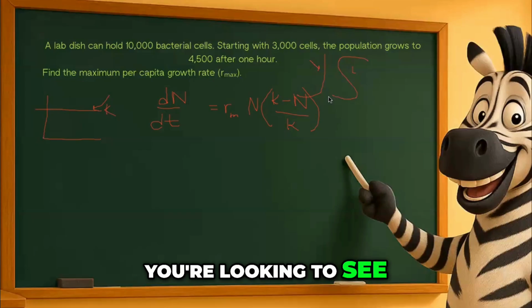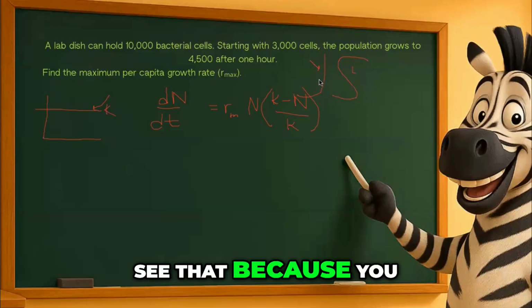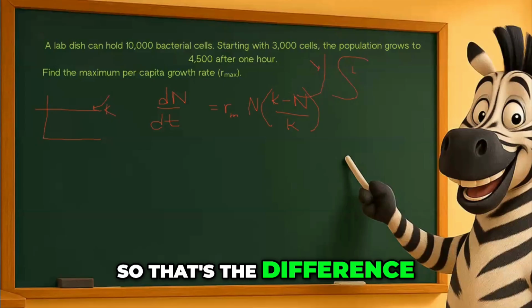You're looking to see where it's going to peak. Whereas with exponential graphs, you're not going to see that because you have that J shape, so it's never going to really peak. So that's the difference between the two.